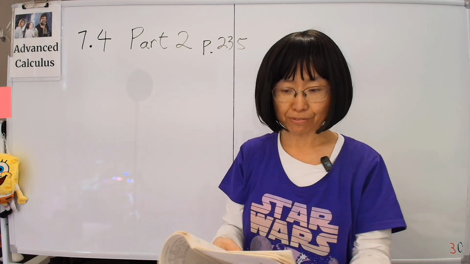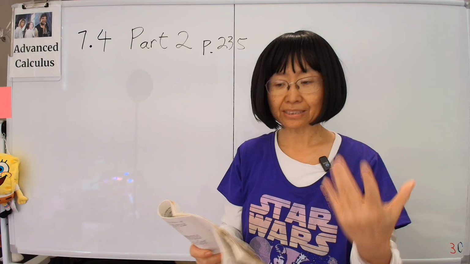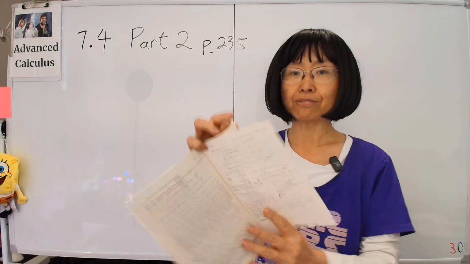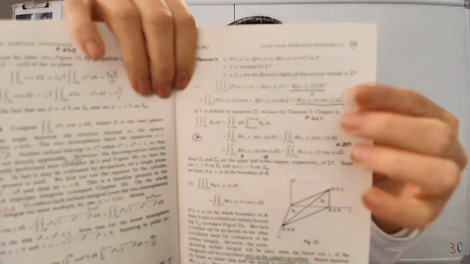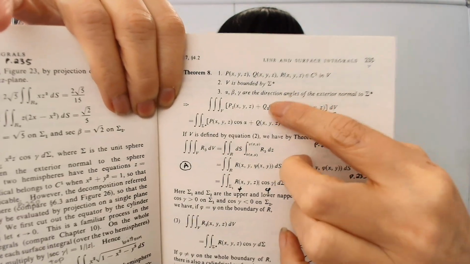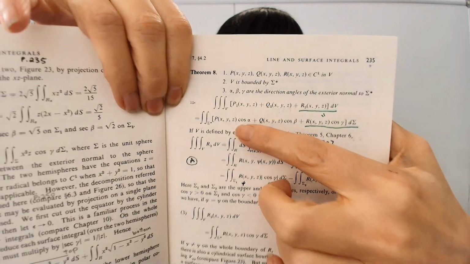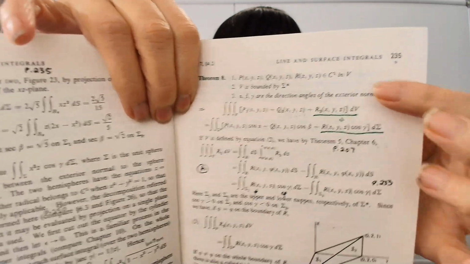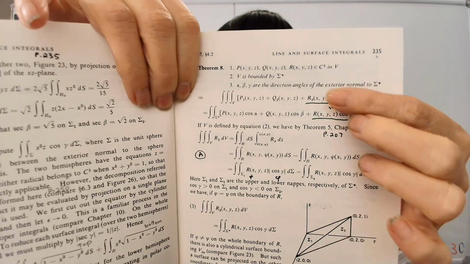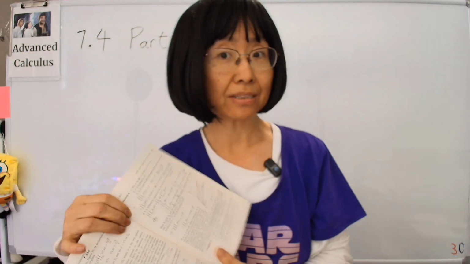This result was proved above, but it wasn't stated explicitly, because in the proof of Theorem 8 we proved that this part equals this part, and similarly this part equals this, and that part equals that. So Theorem 8 just says that the three added together equal these three added together. But in reality, they are individually the same as well.